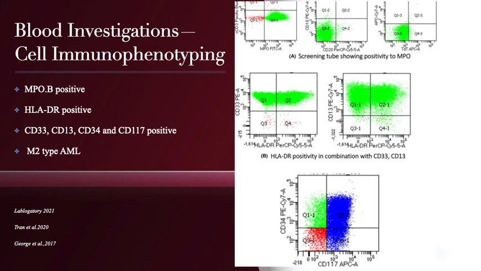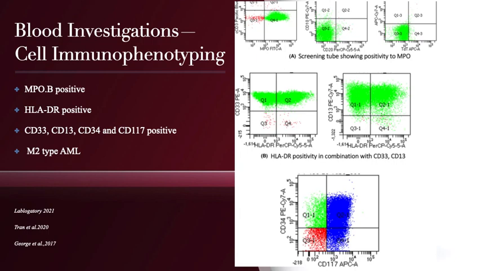Immunophenotyping by flow cytometry shows positivity to MPOB, HLA-DR positivity in combination with CD33, CD13, CD34, and positivity in combination with CD117. These are all immunophenotypic markers used to classify the specific type of leukemia.